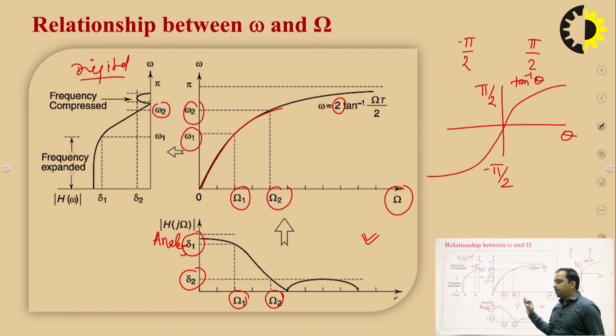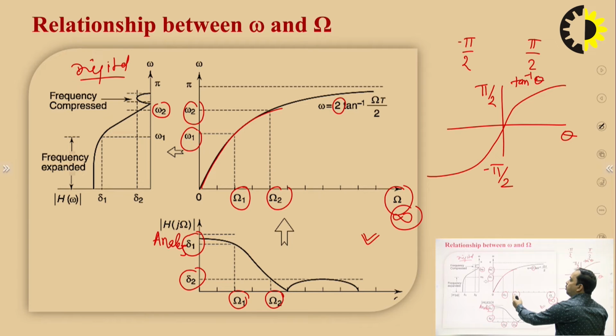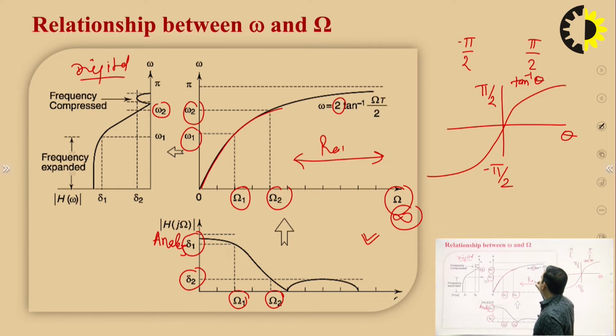But if we move further beyond Ω2, varying up to infinity in the analog domain, the corresponding variation in the digital domain is up to pi only. So the infinite range of frequencies in the analog domain is mapped in the digital domain between 0 and pi. The higher frequency components are mapped into a short frequency range in the digital filter.